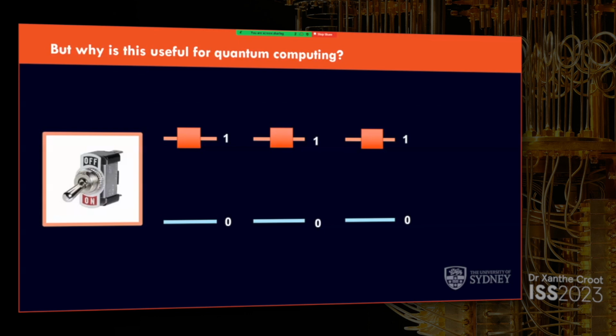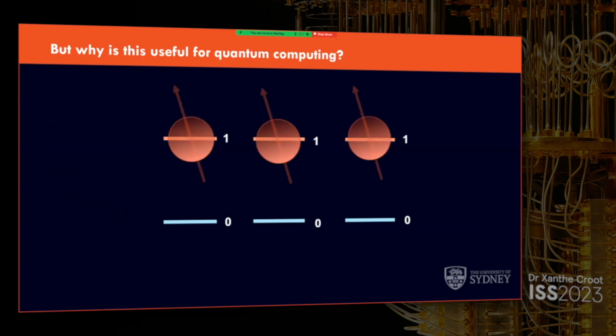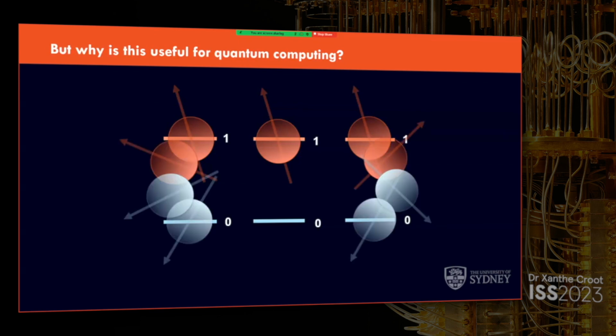One of the big challenges for quantum computing is that we actually don't stay in this state for very long if we prepare it. It's one of the big differences between classical computing and quantum computing. So if I instead switch to a quantum computer where I put 3 spins, or whatever other type of qubit I'm using, in the 1 state, it turns out that they have a real propensity to relax to the 0 state and give up the energy that they had in their 1 state.